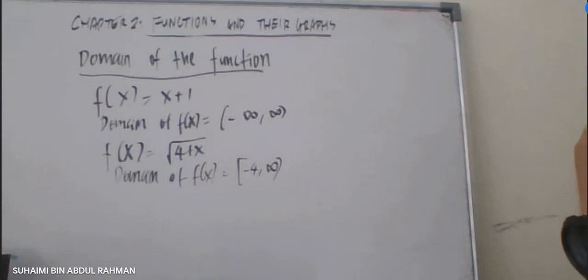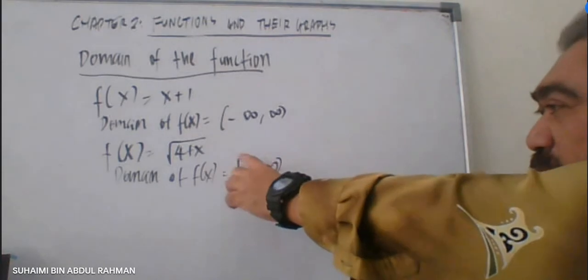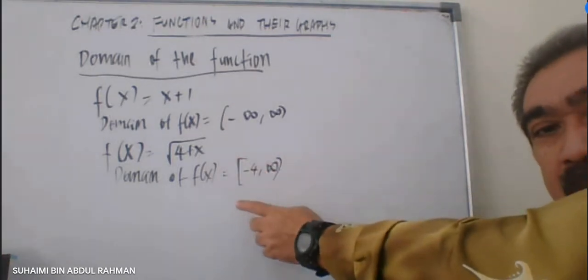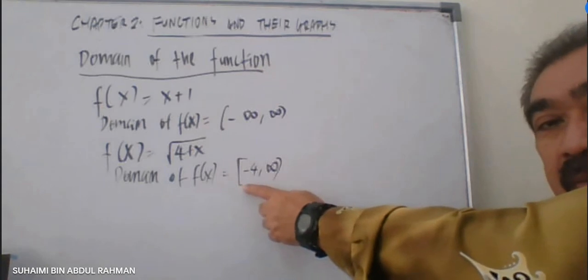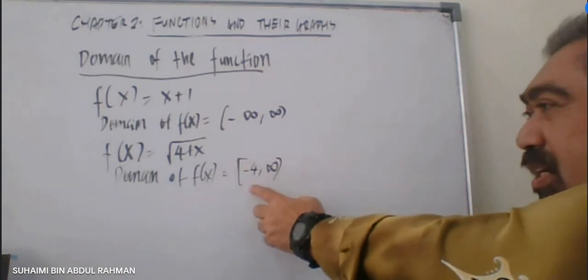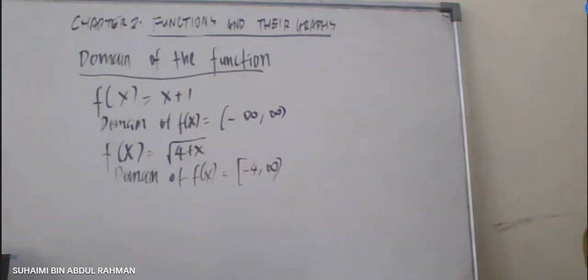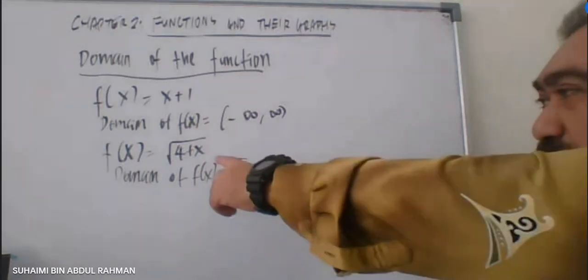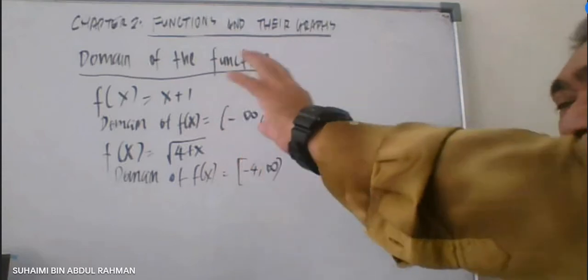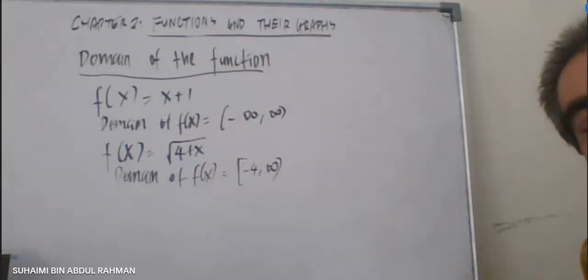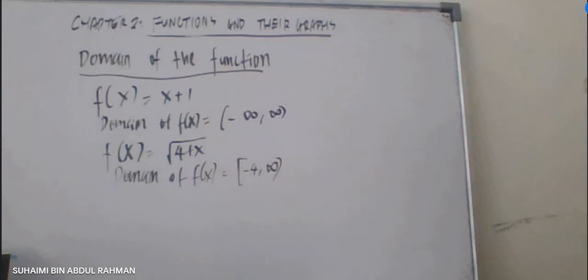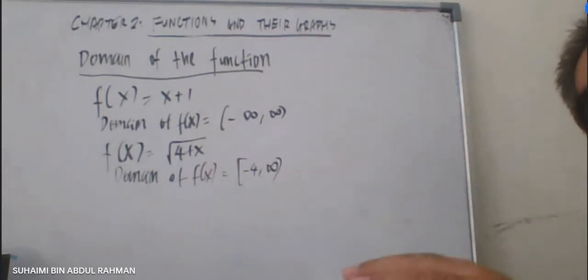From -4, this is including, because we still can put -4. We put -4 here, meaning that 4 minus 4 is 0, and the square root of 0 also works. We only cannot have 0 when it's a denominator. In this case, we don't have a denominator because this is not a fraction. Only for fractions do we have a denominator.